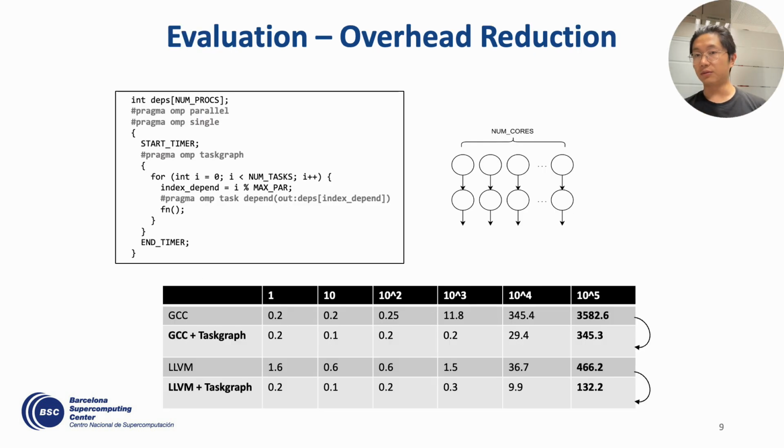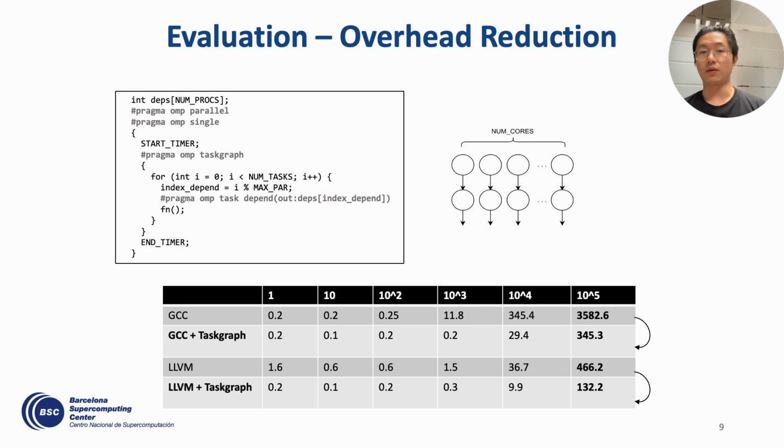Let's look at the overhead reduction first. Here I'm showing the numbers from both compilers, the LLVM compiler but also the GCC compiler, because we have a preliminary implementation of the Taskgraph framework in this compiler as well. The code is also given, and it generates a graph represented as a diagram on the right. In this case, we fix the problem size and vary the number of tasks.